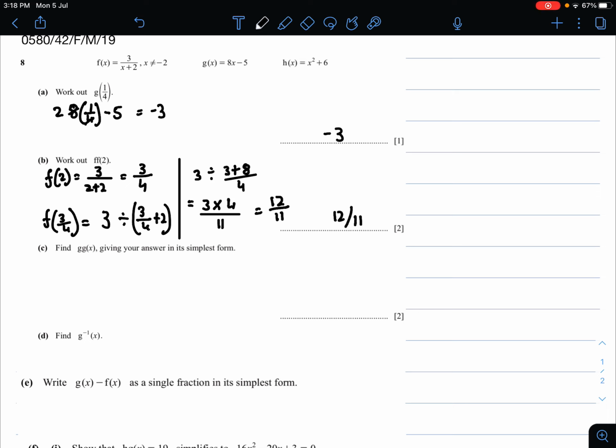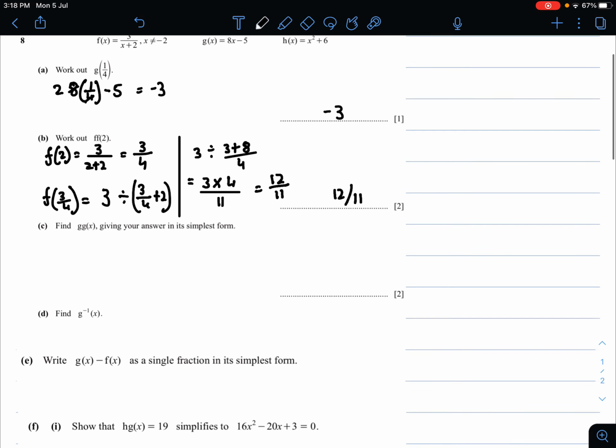Now let's move on to part C. G of x. So we have to substitute the x value as the g function itself. So therefore 8x minus 5. So therefore 8 multiplied by 8x minus 5 and then minus 5.